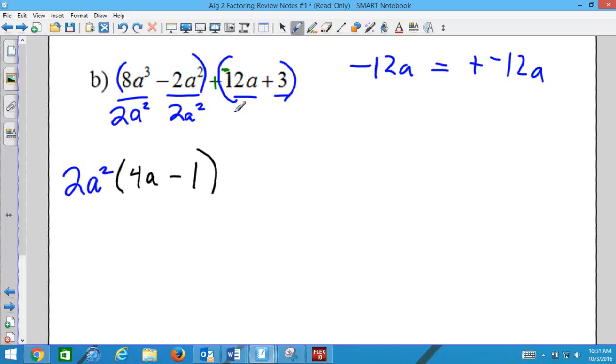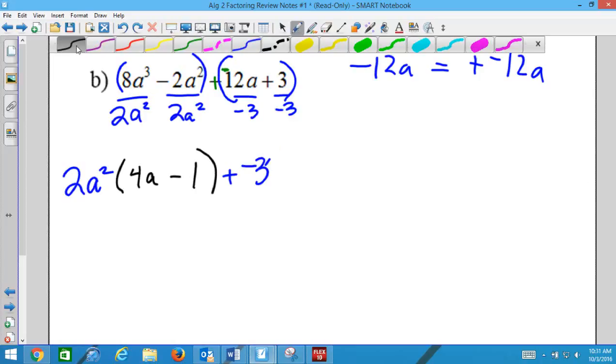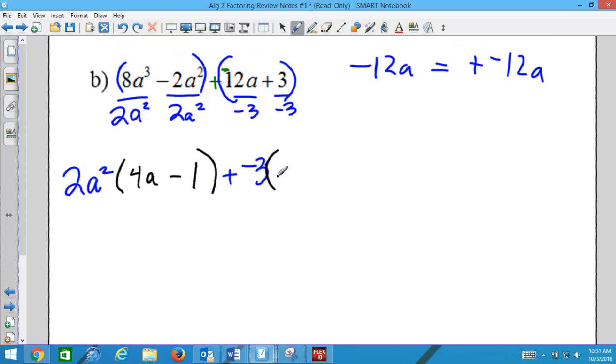So I'm going to take out a negative 3, so I'm going to have plus negative 3 out front. Now when I divide negative 12a by negative 3, that gives me positive 4a. And I divide positive 3 by negative 3, I get minus 1. And now the parentheses match.